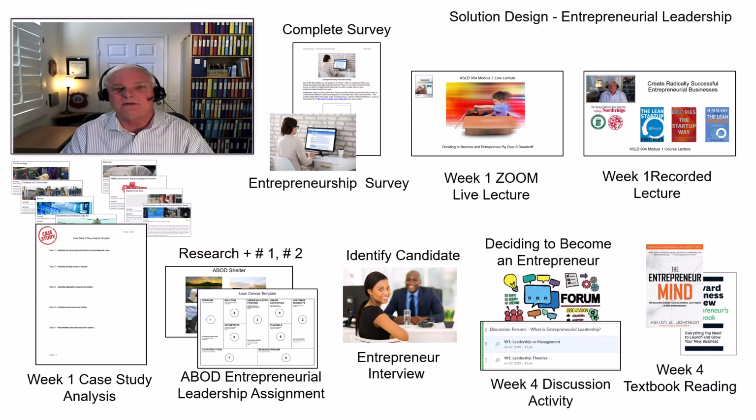The personal level, the organizational level, the design thinking level, what it means for you to have meaningful conversations not only with yourselves, but with a survey type of environment in identifying an entrepreneur to interview. And we're going to have you working with a Canvas lean module that gives you the ability to take an entrepreneurial idea and then to fully develop it into that Canvas template.